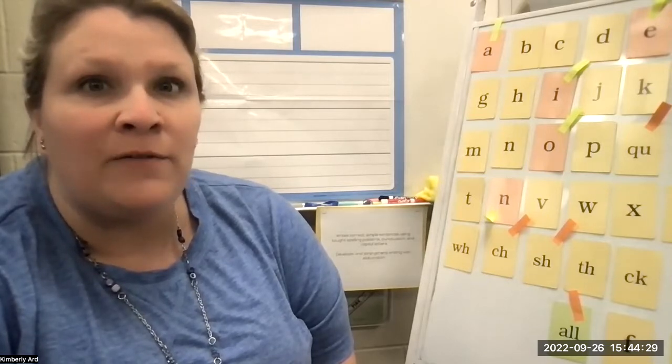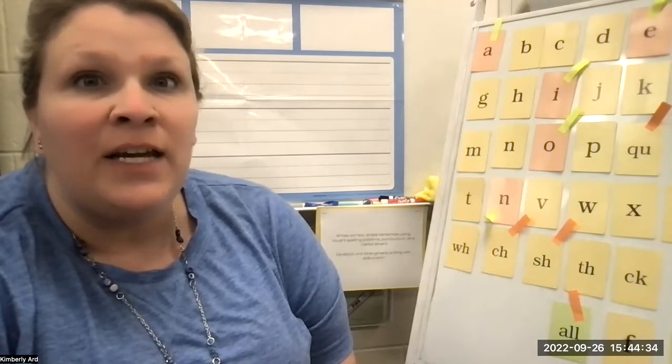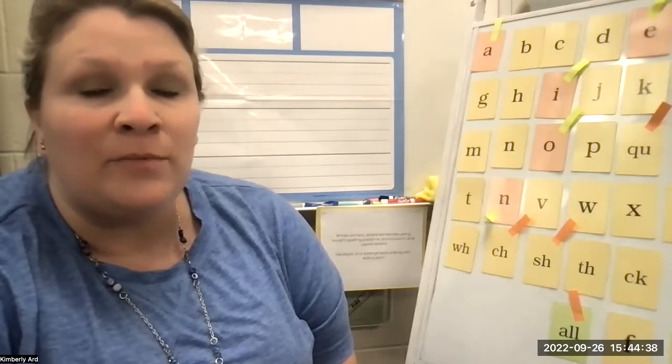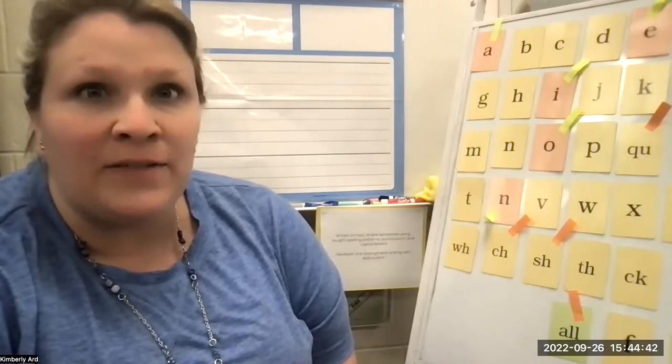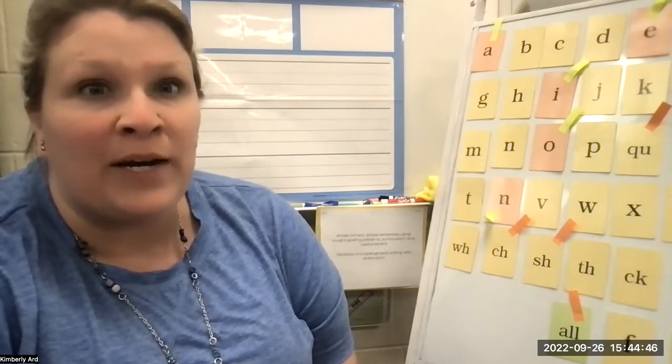The biggest part of Unit 1 was we reviewed blends, which is two letters that we put together, and you can hear both sounds. Both letter sounds. And then we also reviewed digraphs. A digraph is when we put two letters together and they make one brand new sound.